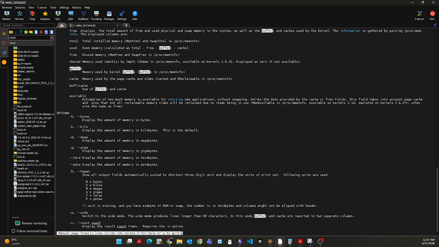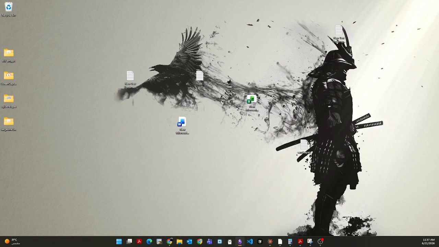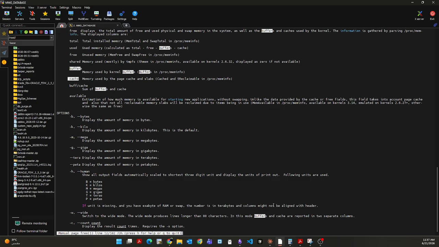We'll see what we have in the system, but this is not what I'm looking for. Actually, I want to know what cache actually is. As you can see here, it is the memory used by the page cache and slabs, cache and slab reclaimable. And this is what I want to explain here. What does that mean? Let's go back here.